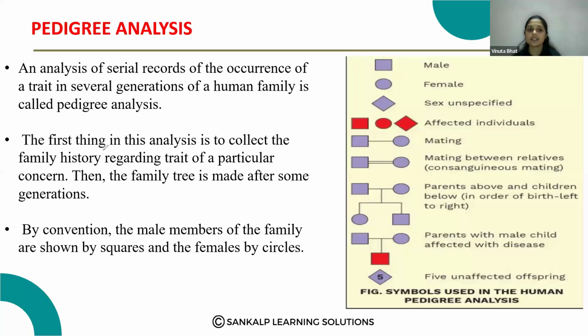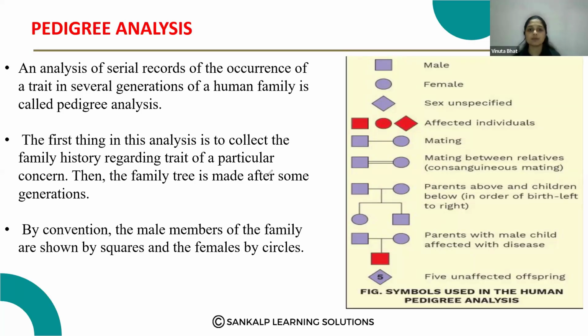The first thing in this analysis is to collect the family history. Collecting the family history is important, regarding the particular concern, any characteristic or any disease. Then the family tree is made over some generations.